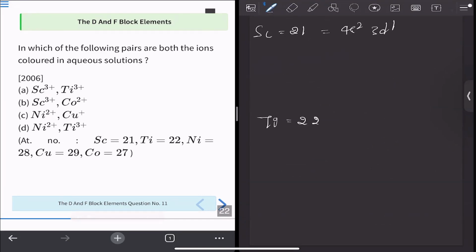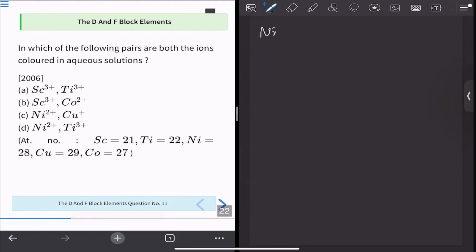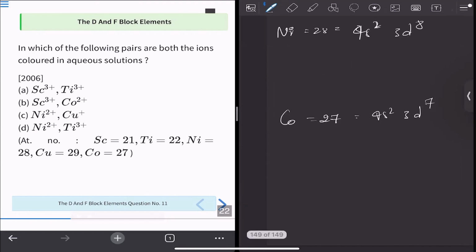Titanium, which is 22, is 4s2 3d2. Nickel, 28, is 4s2 3d8. And next is cobalt, which is 27, that is 4s2 3d7.